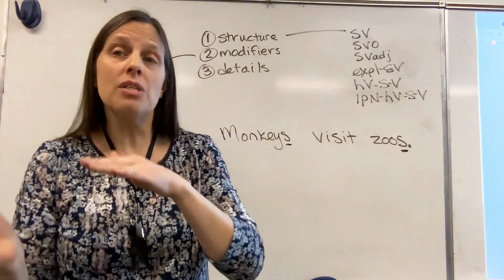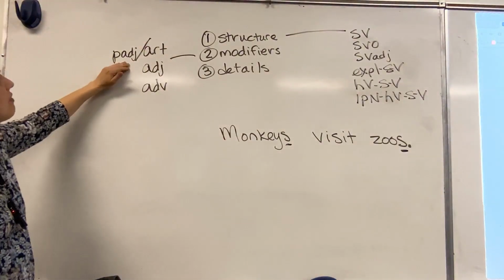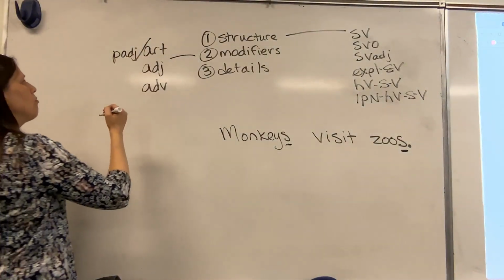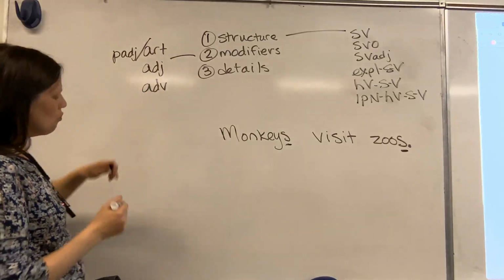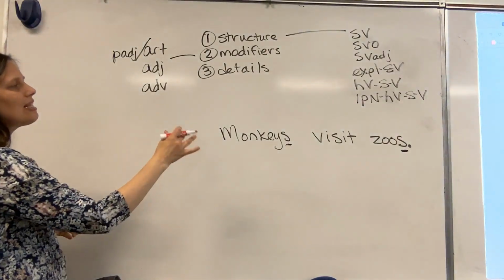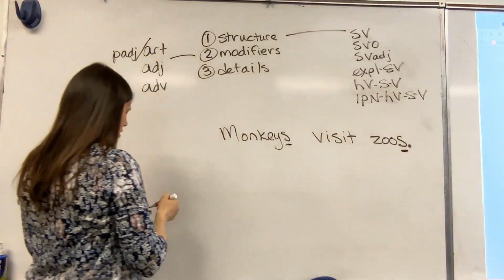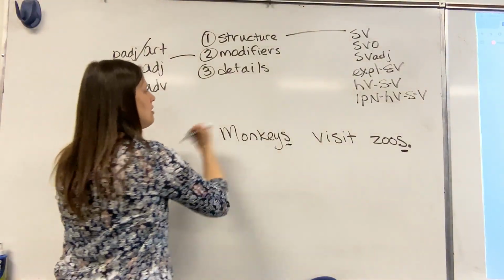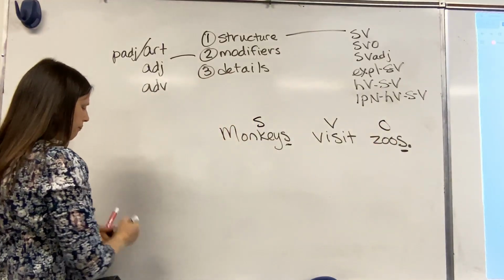You can choose possessive adjective or article, but you cannot have both. Possessive adjective or article, not both. So I'm going to just add maybe a few modifiers here. I'll make those in red just so we can see them different than the basic structure, SVO. Let me write that here so we have it, SVO. There's our basic structure.